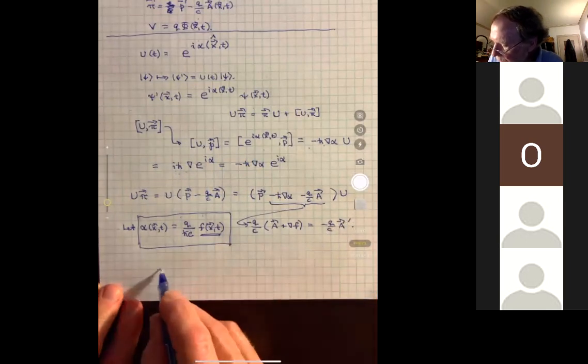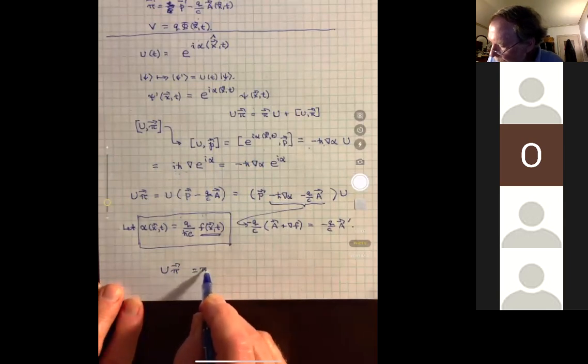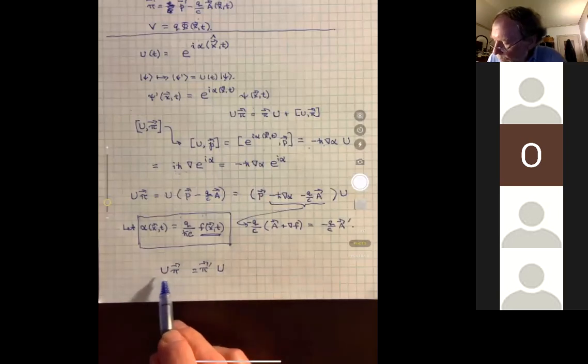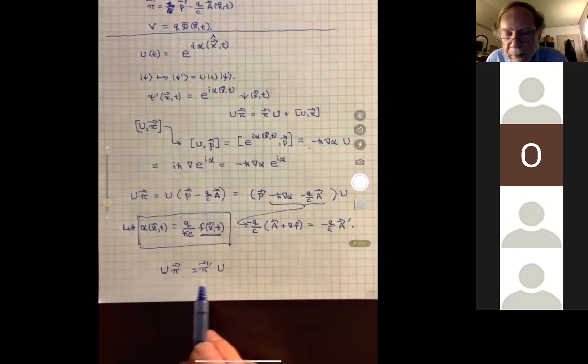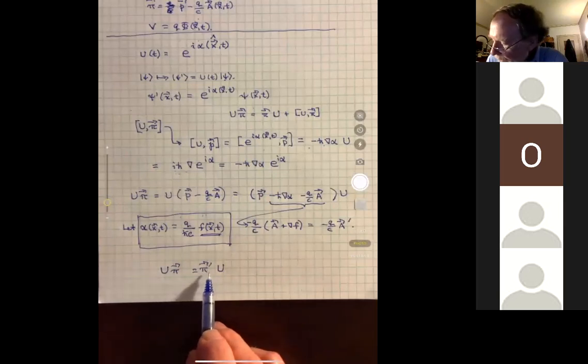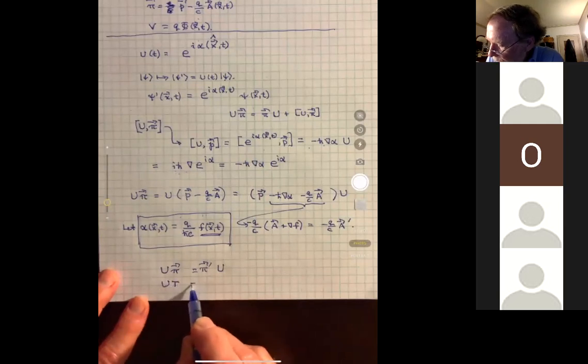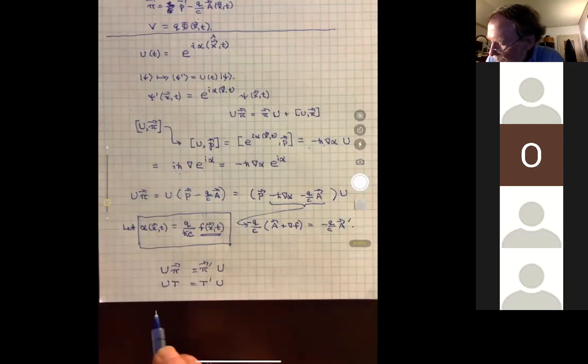And so we can summarize this by writing u pi is equal to pi prime u. That's to say, when you pull u through the expression for the kinetic momentum, you get the prime version of the kinetic momentum. In the new gauge, it converts the a to the a prime. And if I pull this through the entire kinetic energy, what I get is the prime version of the kinetic energy with u, because t is just pi squared. Just pull it through pi twice.